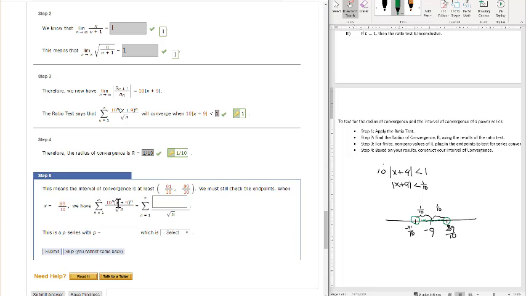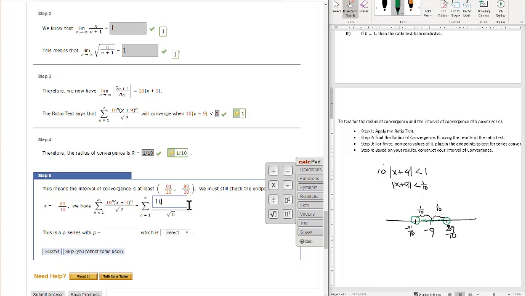If we put -89/10 first into our x values, we're going to get -89/10 plus 9. So -89/10 plus 90/10 gives us 1/10.